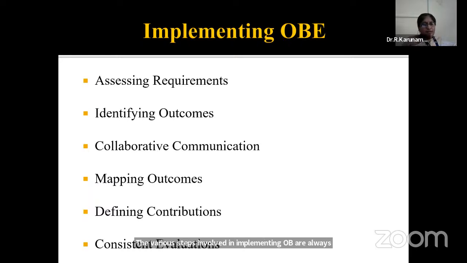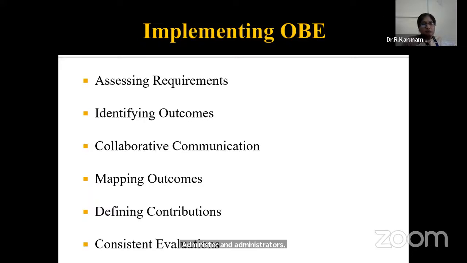The various steps involved in implementing OBE are all these. The first step in implementing OBE technique in an institution involves a thorough self-assessment. Collecting detailed data about the present curriculum, evaluating the management and operational standards of the institution, and collecting feedback from the stakeholders, from every stakeholder, like students, teachers, parents, administrators.